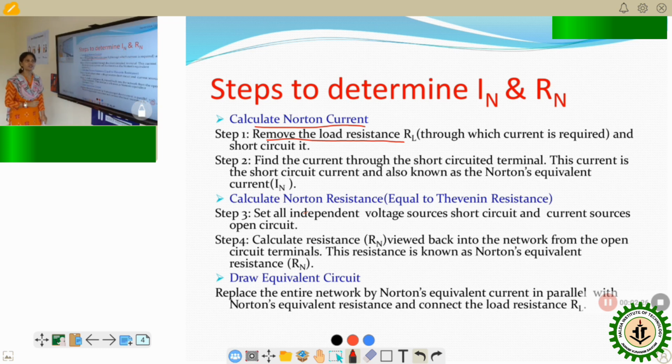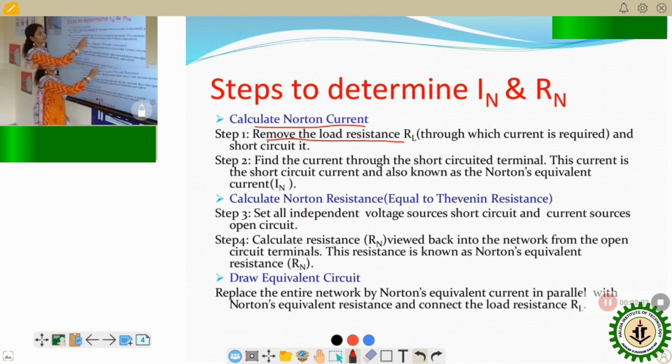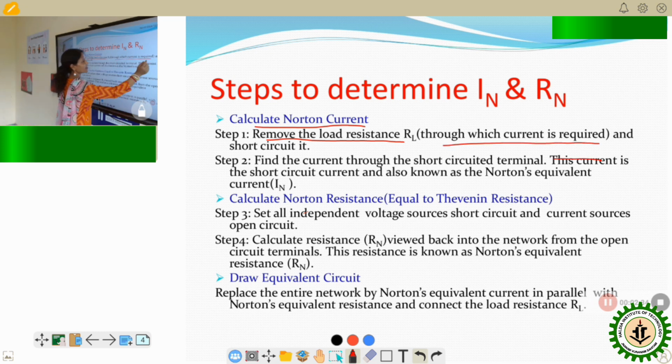If I do not understand which one is the RL, then the one through which current is required is the RL. Remove it from the network and short circuit it. Then step 2, find the current through the short circuited terminal, and this current is the short circuit current, also known as the Norton's equivalent current.